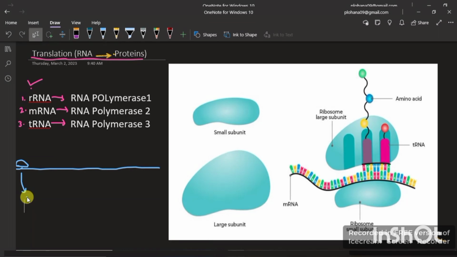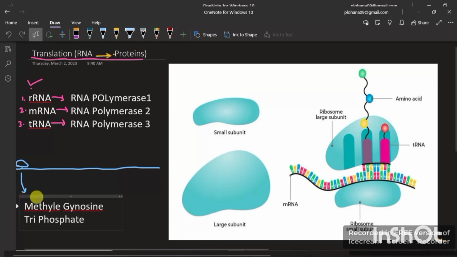We did this with methyl guanosine triphosphate. So this was done by using methyl guanosine triphosphate.